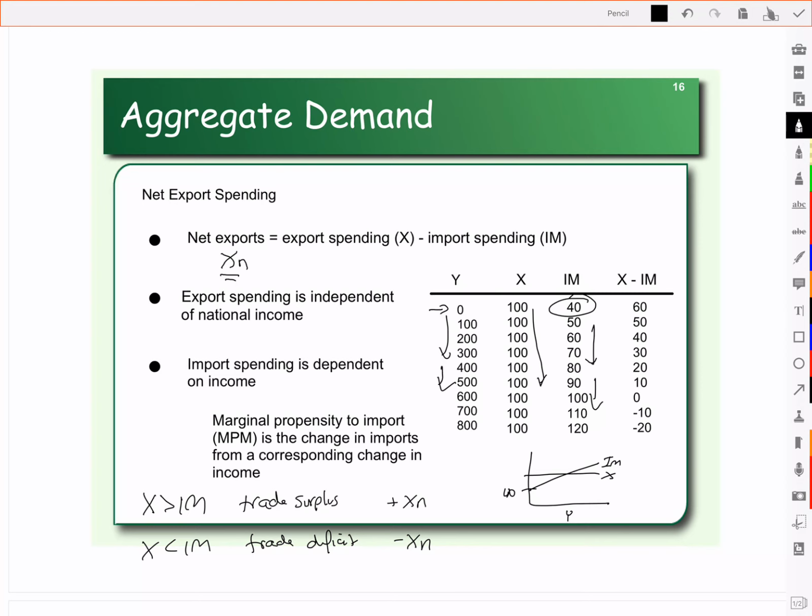So it's easier to do exports minus imports together first before you start adding C plus I plus G plus X minus IM. So if we do this as a bundle, then it makes it easier to find aggregate expenditures. We can also then look at what's changing the net exports. So first we'll graph exports and imports separately, and then we'll graph net exports.